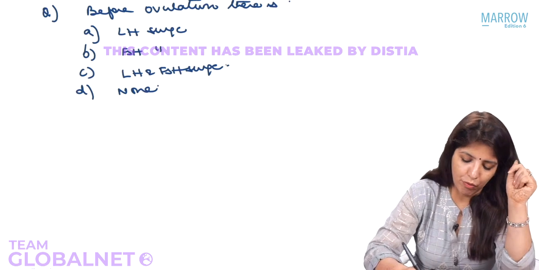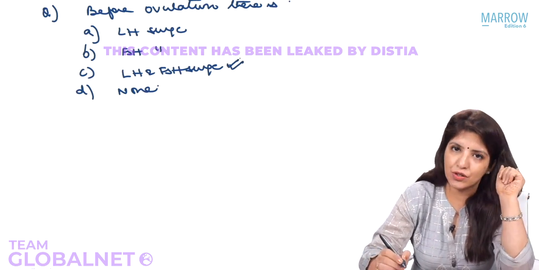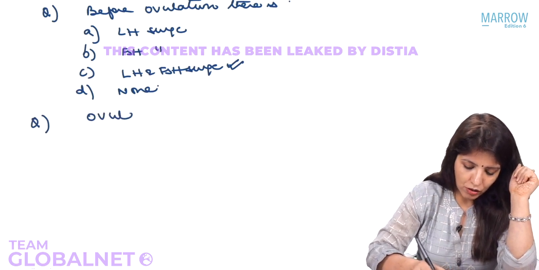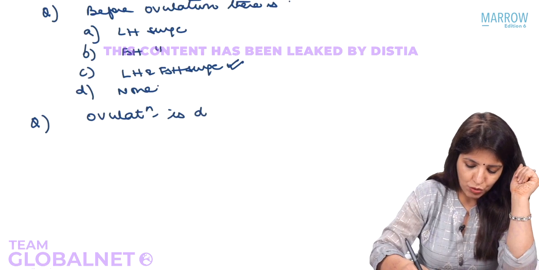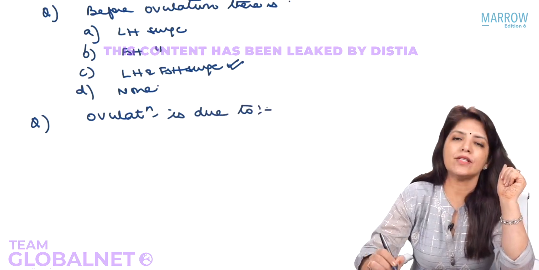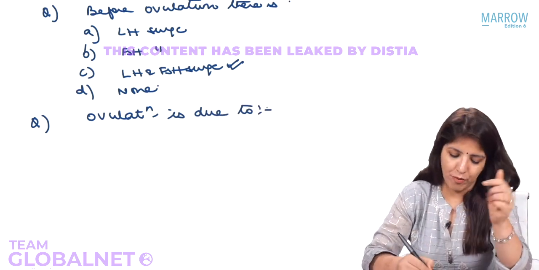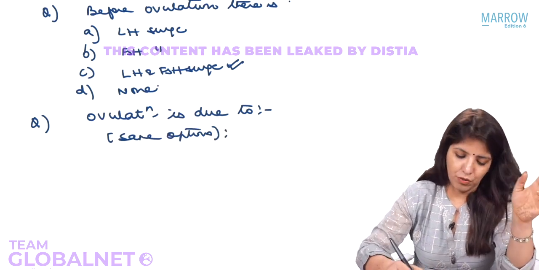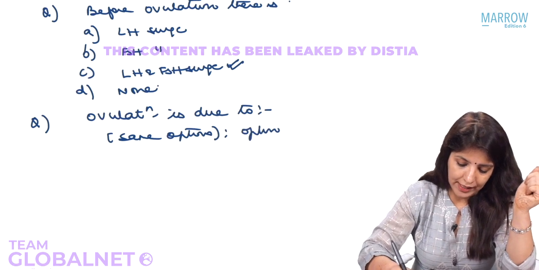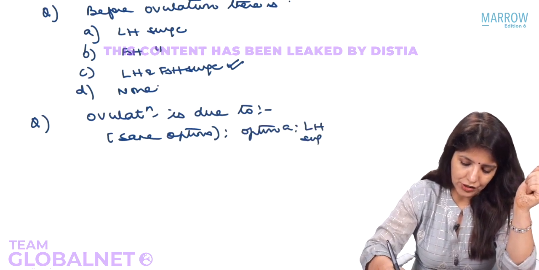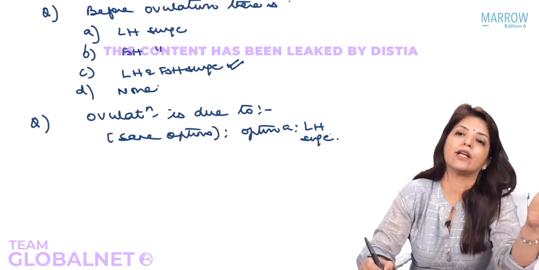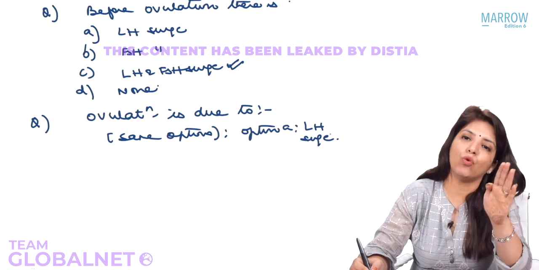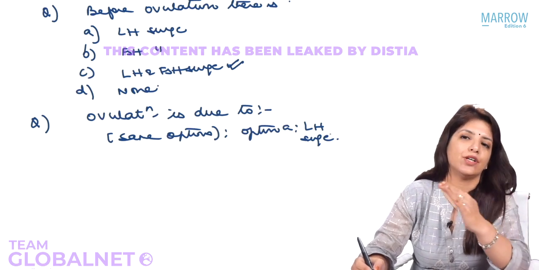Before ovulation, there is both LH and FSH surge. Clear? Next question. If I ask you, ovulation is due to. Now, when we say ovulation is due to, and you have the same options, right? Then your answer will be option A, that is LH surge. Then you will not say that ovulation is due to both LH and FSH surge. No. Before ovulation, there is LH and FSH surge, but ovulation happens due to LH surge.